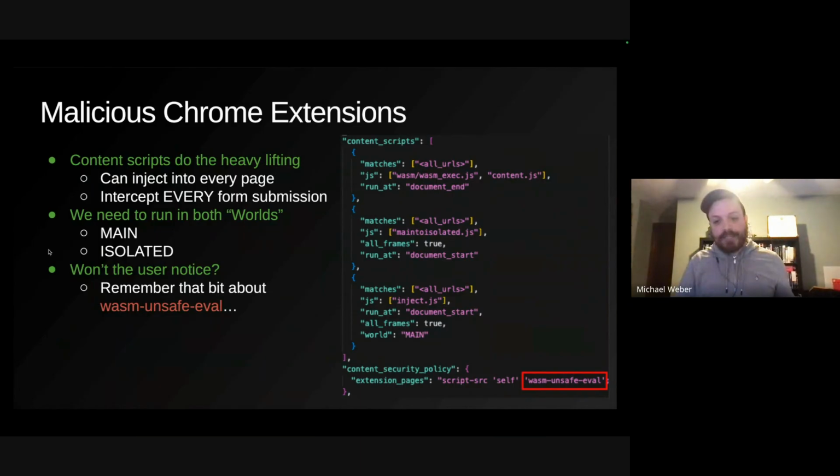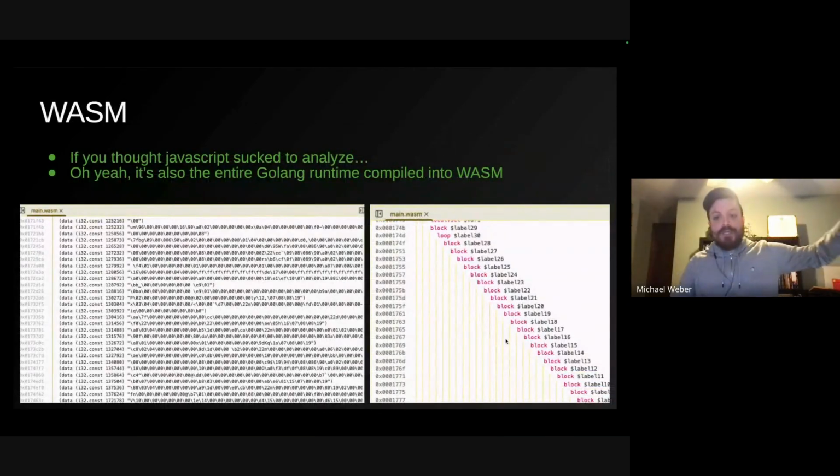But even if that were the case, we can also use those WASM unsafe eval permissions to just obfuscate the hell out of everything. So all of these interceptions we're doing, they don't have to be through JavaScript. They can instead be buried in this giant binary blob that Chrome does not provide good introspection for. And it's not like Chrome is bad at it, but other things are.